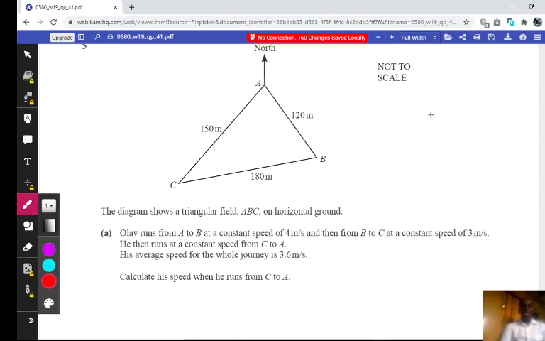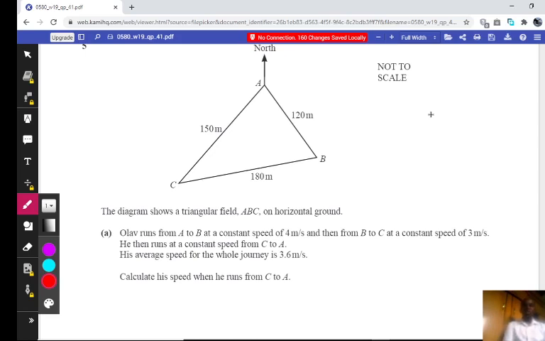He then runs at a constant speed from C to A. His average speed for the whole journey is 3.6 meters per second. Calculate his speed when he runs from C to A.